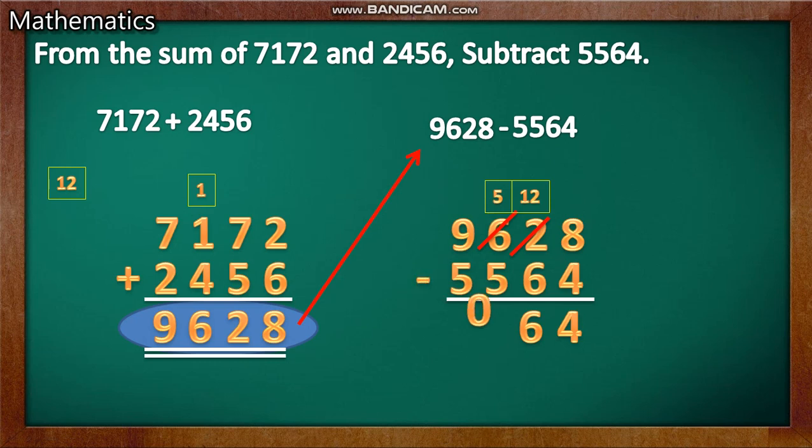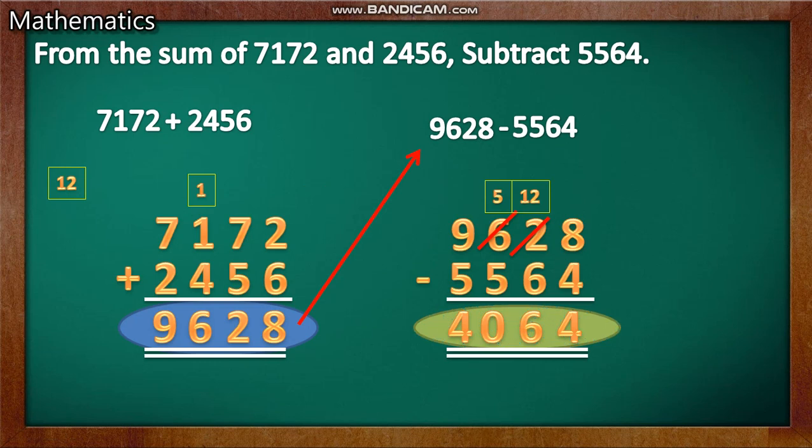Everyone knows that any number subtracted from itself gives 0. 5 minus 5 is 0, 6 minus 6 is 0, 7 minus 7 is 0. Now the thousands place: 9 minus 5. 9 in your mind, 5 in your hand, then count back: 8, 7, 6, 5. 4 is the answer. It is the final answer.